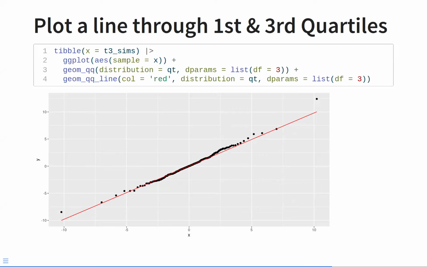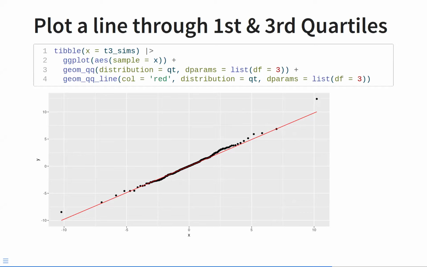So I've got to say what the distribution is that I'm going to use for my theoretical quantiles, qt, and I've got to set the distribution parameters, df equals 3. I've also chosen a red line to make it easier to see, and indeed, this looks like a pretty good fit, which isn't that surprising because these really are t draws.